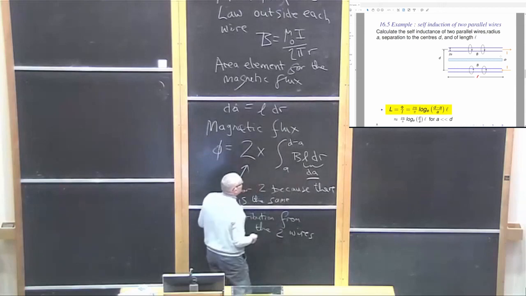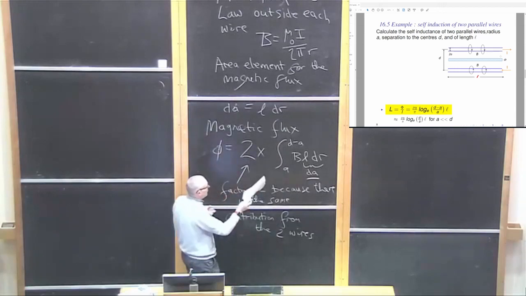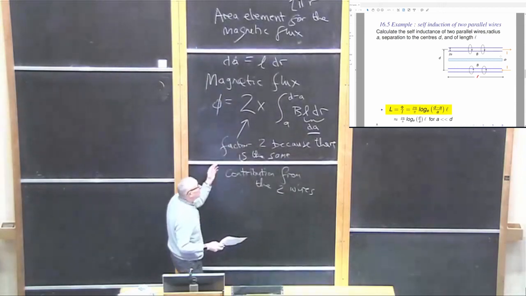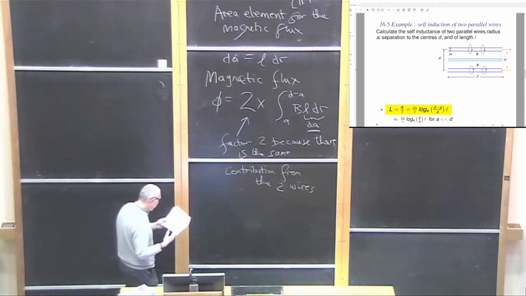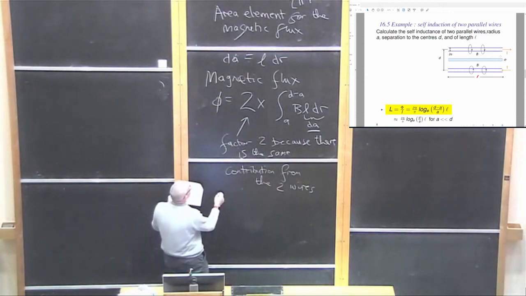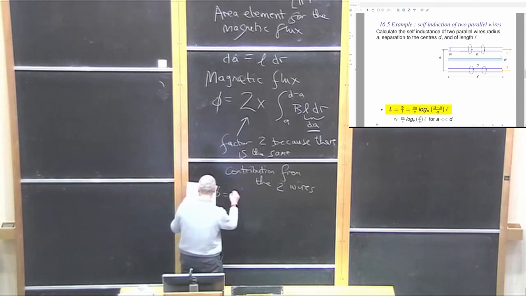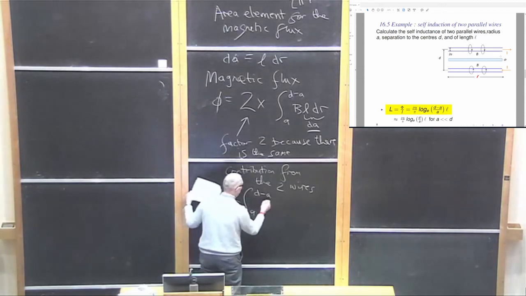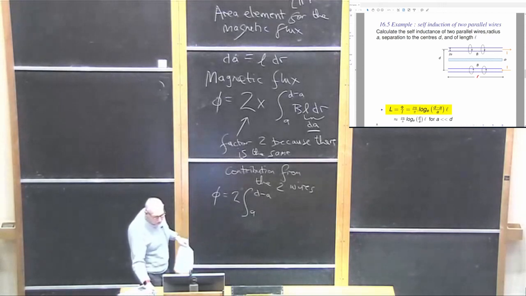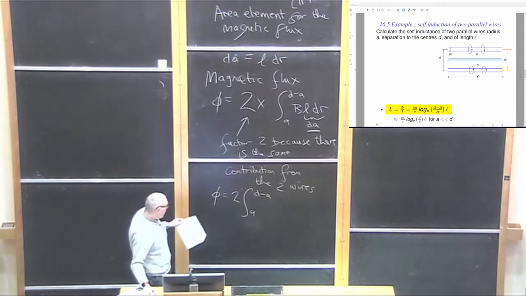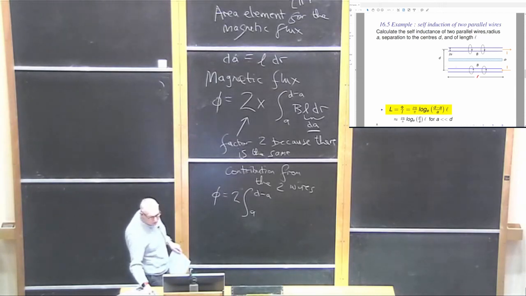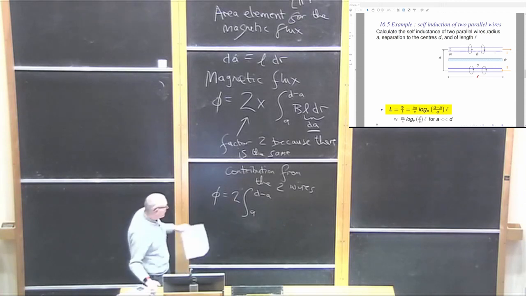B is the field at a distance r from the wire. So this just gives me phi is 2 times the integral from a to d minus a, and the integral, of course, goes from the surface of the first, bottom wire up to the surface of the other wire.